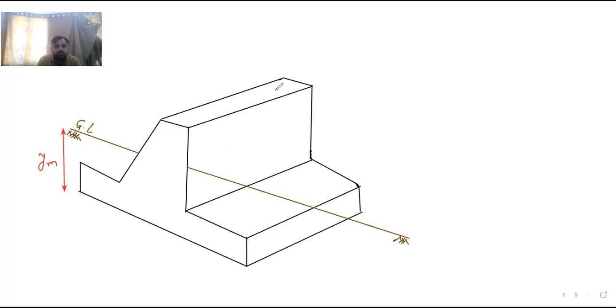And above ground level, it should be like this, no? This height.